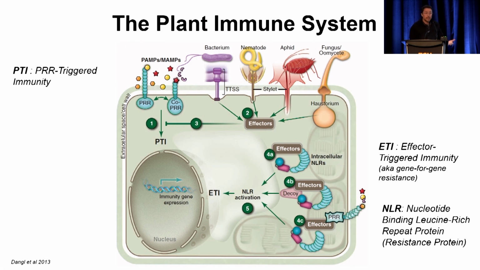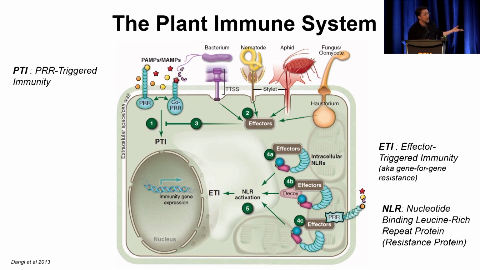But plants have a second layer of immunity inside the cell, and that's the recognition of these effectors by resistance proteins. Most of you who've worked on immunity or disease in plants know about these resistance proteins. They induce a very strong immune response, and it's been typically referred to as gene-for-gene resistance. It's also referred to as effector-triggered immunity, and it's mediated by these resistance proteins inside the plant cell.